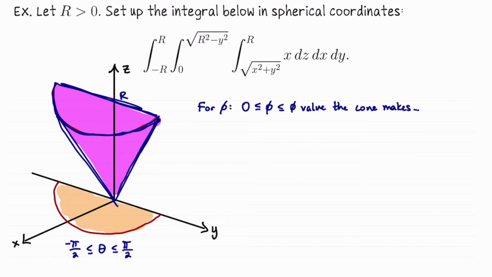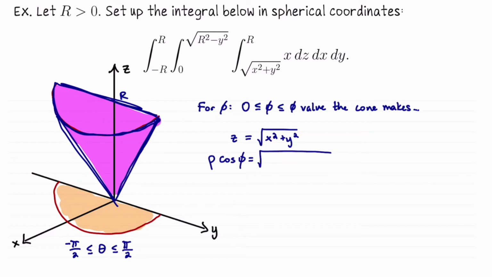To figure that out, let's take the cone equation and translate it into spherical coordinates. So our cone equation started out as z equals the square root of x squared plus y squared. In spherical coordinates, z is rho cosine phi.